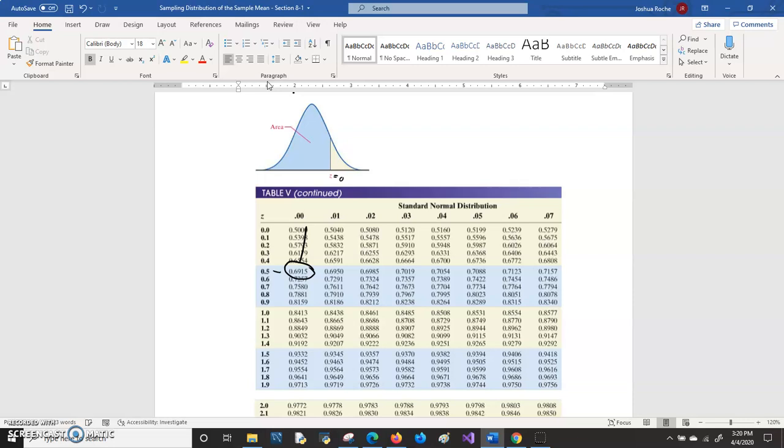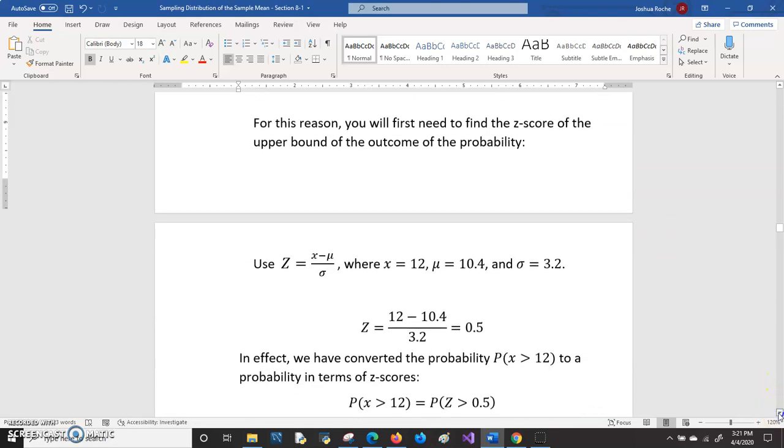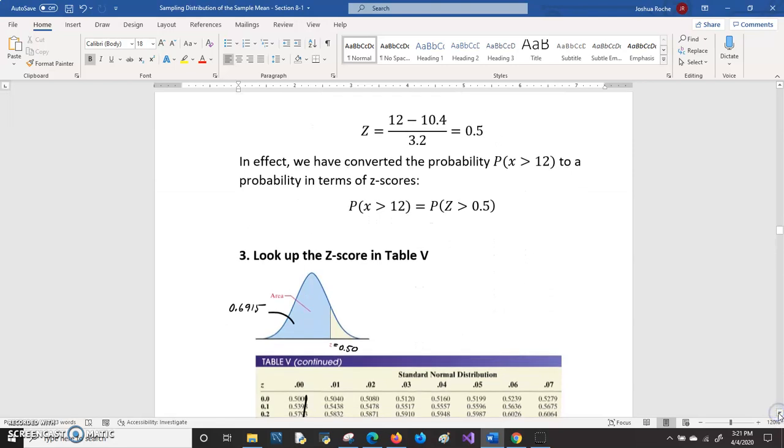But remember that if this is our z at 0.50, that 0.6915 represents the area on the left side. And in this problem, we were looking for the area on the right side. So to get that area, we'll do the complement: 1 minus 0.6915.